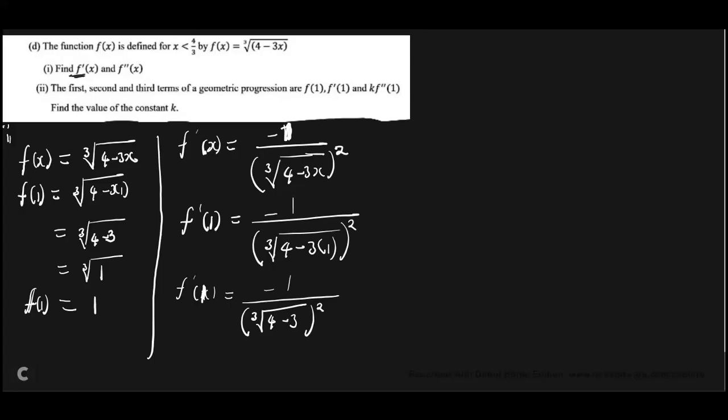So it's 1, like that. So meaning that down part would be the cube root of 1, meaning that the answer still remains 1. So meaning that f of 1, the answer is negative 1.